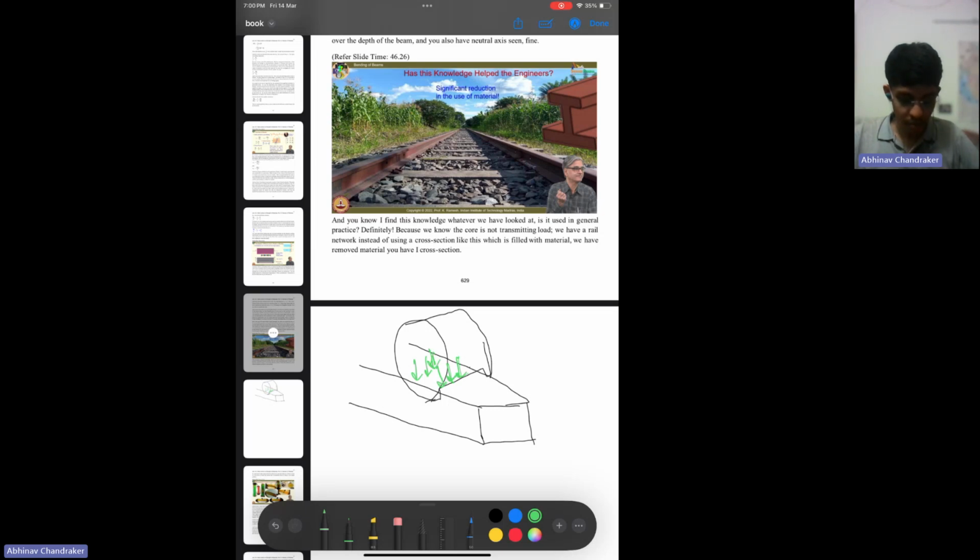So there will be a normal reaction to it also, but also this will try to bend it like this, so in this fashion, right? And we need to resist that bending.